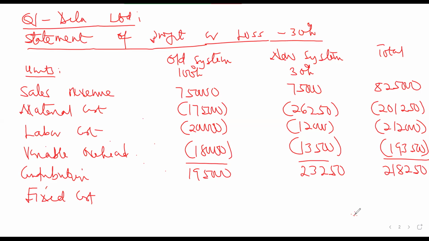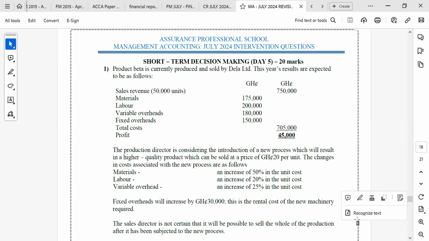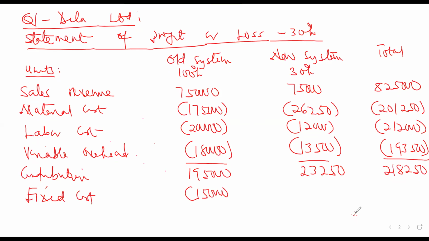What is our existing fixed cost without the new system? 150,000. What is the fixed cost that the new system will be bringing? They have given that to us. 30,000. So we are going to get a profit of 45,000 here. And we are going to be getting a loss of what? 6,750.